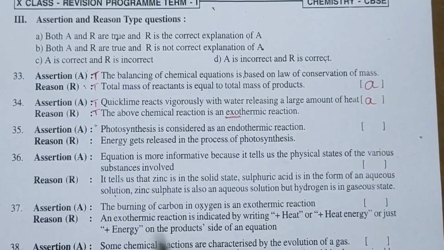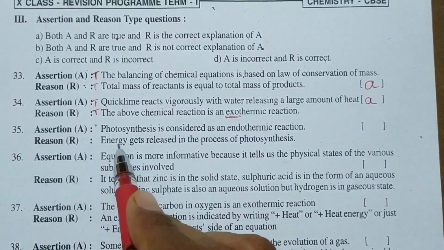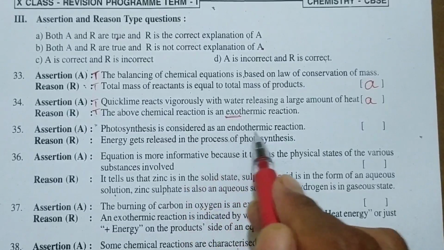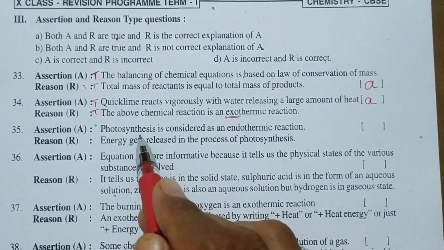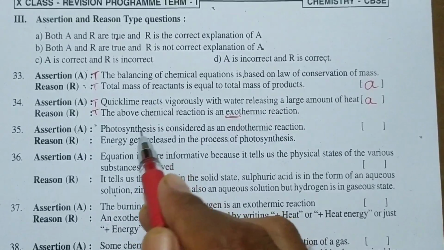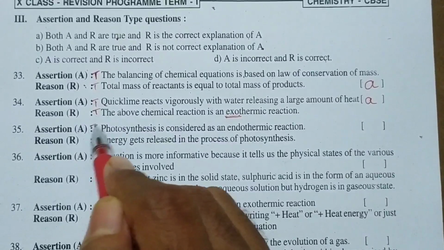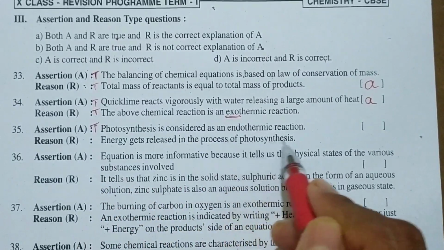Now let us see question number 35. Assertion A is given as, photosynthesis is considered as an endothermic reaction. Photosynthesis needs heat for the process. So it takes heat. That's why it is an endothermic reaction. This statement is true. Reason R: energy gets released in the process of photosynthesis.